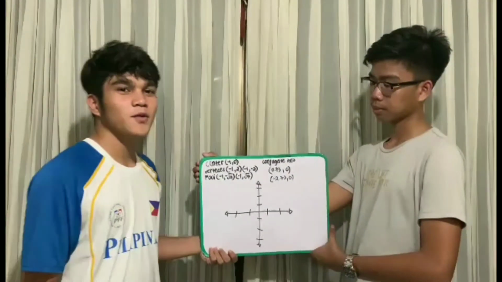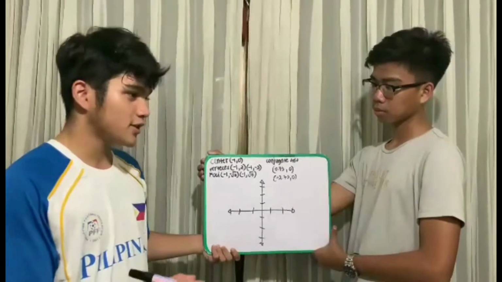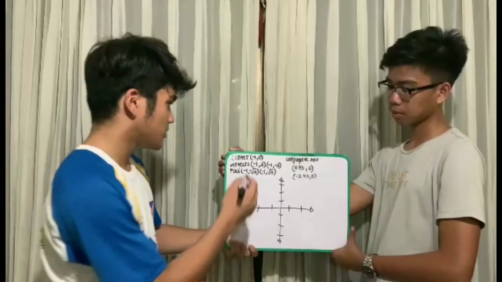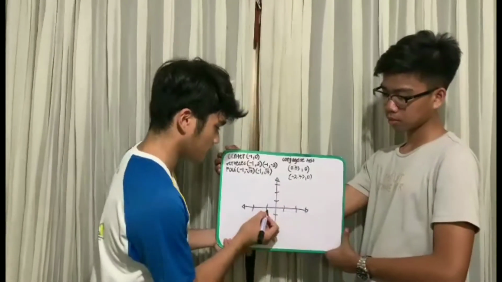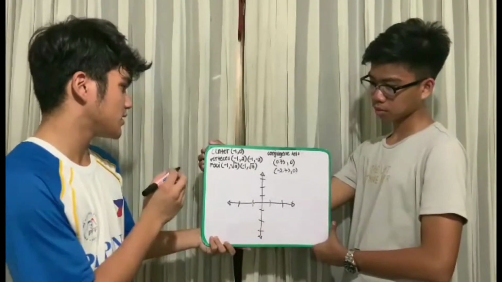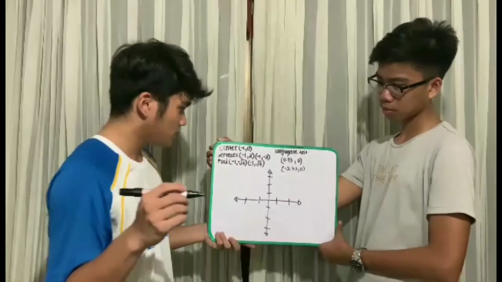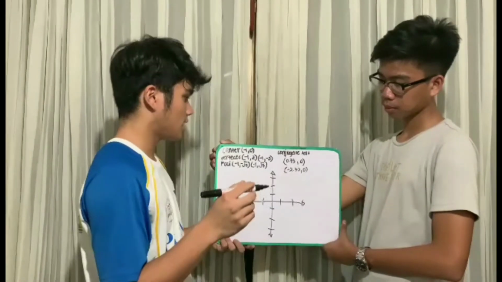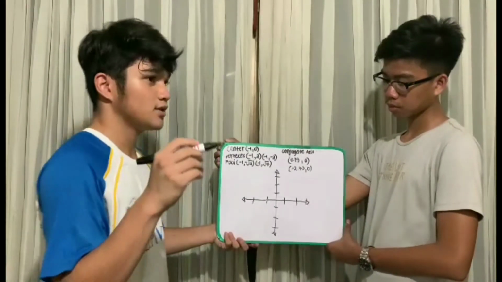Now, we're gonna graph the equation. First, we're gonna graph the center, which is negative 1, 0. Next, the vertices, which are negative 1, 2, and negative 1, negative 2.